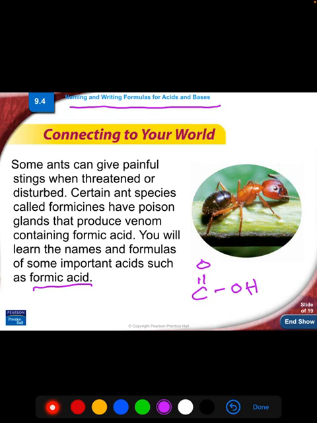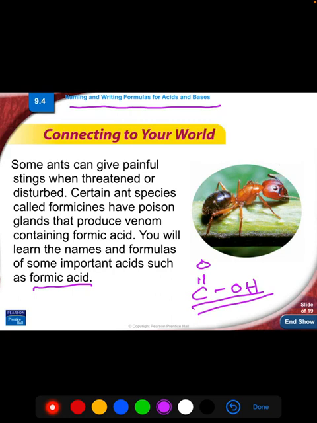The genus and species for the Texas fire ant is Solenopsis invictus, and they have a very painful bite because they release this organic acid, whose formal name and official IUPAC name, International Union of Pure and Applied Chemistry name, is actually methanoic acid.